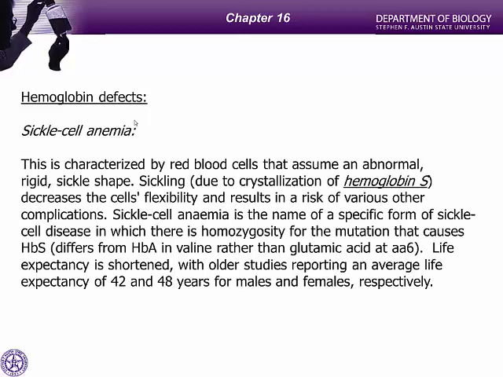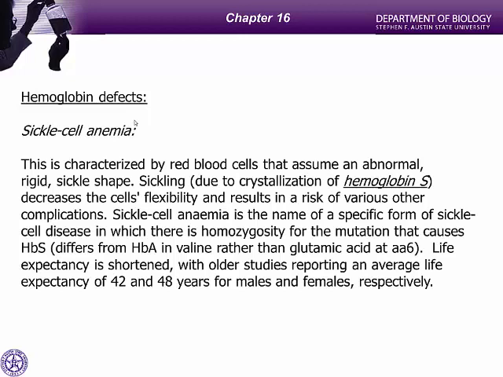Hemoglobin S is going to cause the hemoglobin to be much more rigid. It's going to cause it to crystallize in the red blood cell, giving it a really angular shape. And this is all due to one amino acid difference. And that's the only difference between hemoglobin S and the normal chain. Instead of a valine, you're going to have a glutamic acid at amino acid 6 in that position.